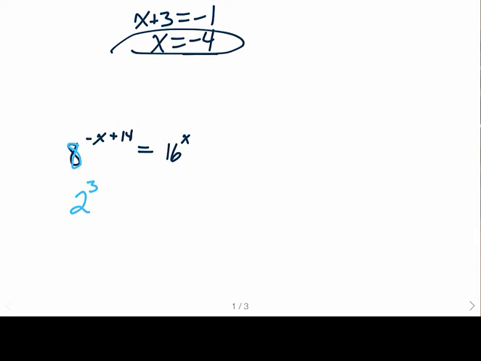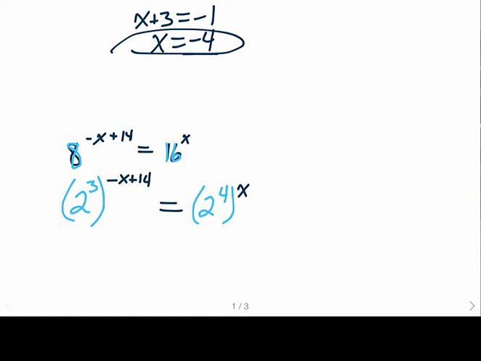And so, 8 to the negative x plus 14 could be rewritten as 2 cubed to the negative x plus 14. On the right-hand side, I see 16 to the x, but 16 could be written as 2 to the 4th power. So 16 to the x is 2 to the 4th to the x.